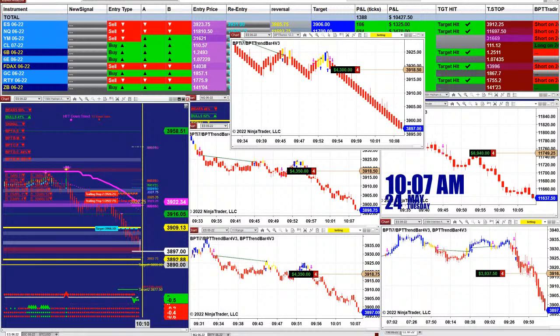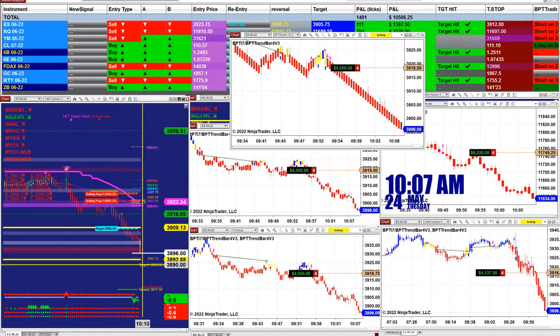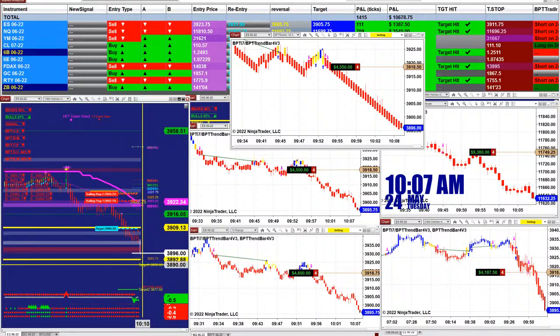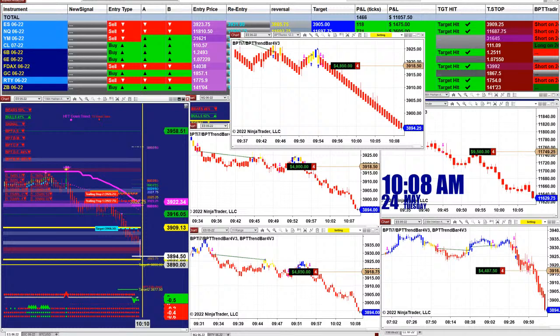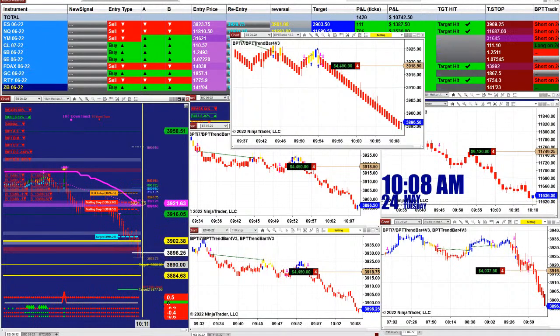It's amazing. Nasdaq hitting the 10,000.